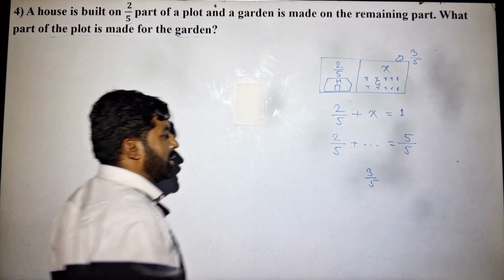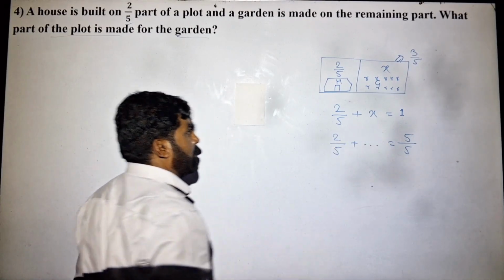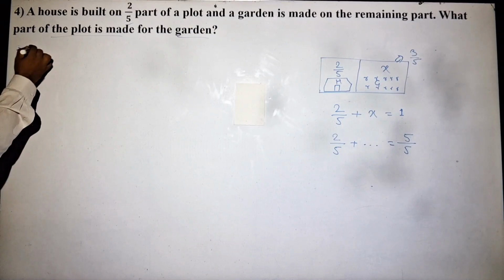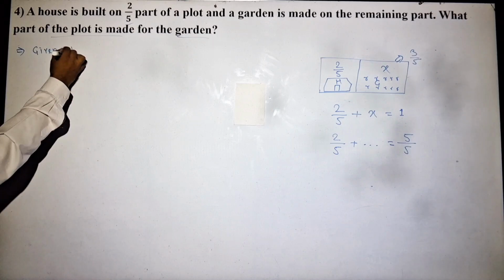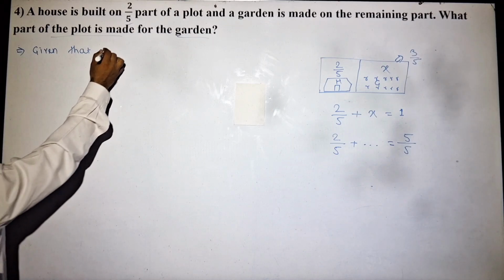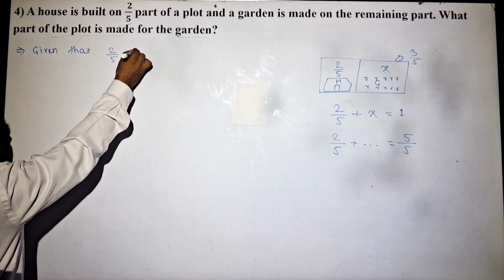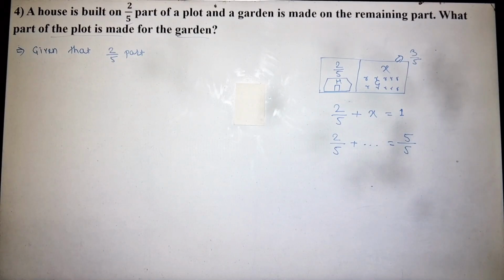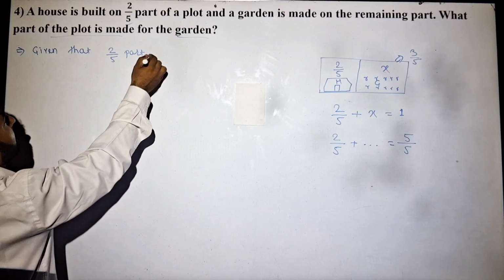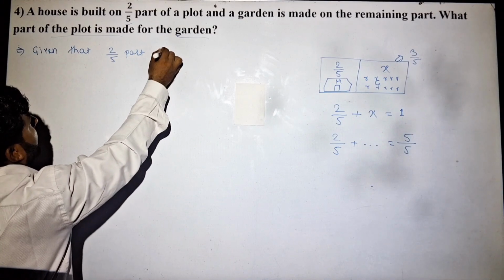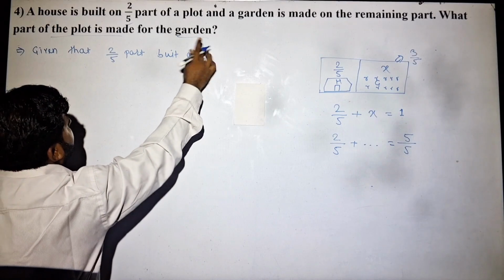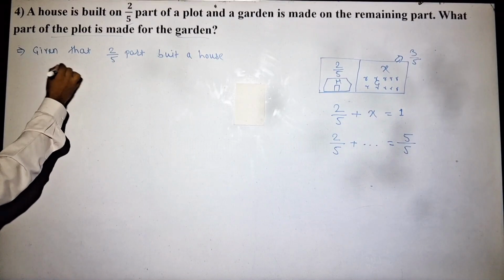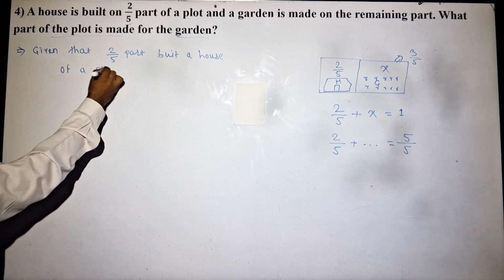Okay. How can I write this? Yes, this can be written step by step. Given information is that 2 by 5th part is for building a house of a plot.